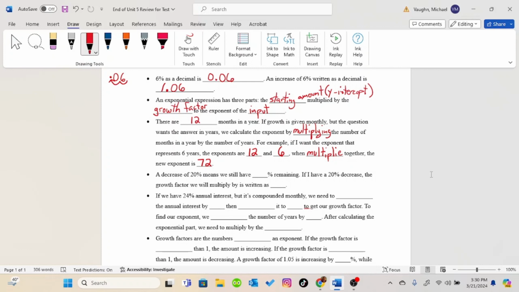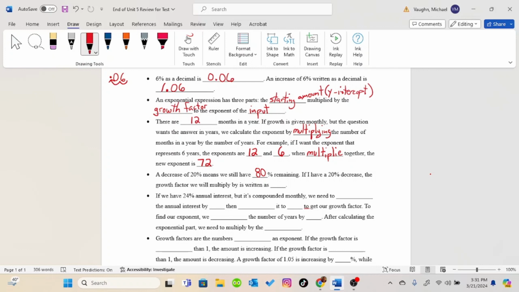Next, a decrease of 20% means we still have blank percent remaining. Understand that 100% is a whole. So if I decrease my whole amount by 20%, that means I still have 80% remaining.